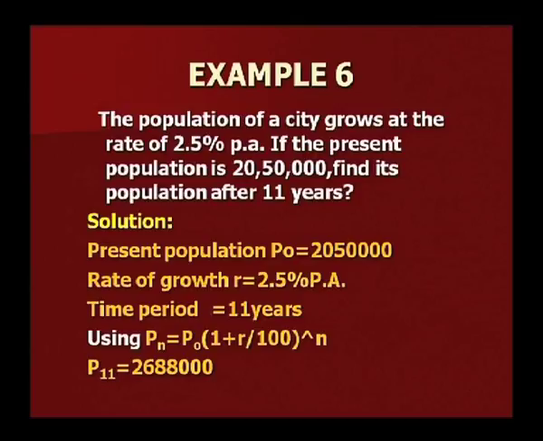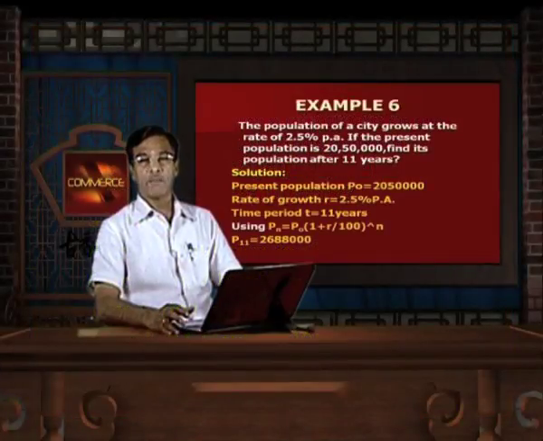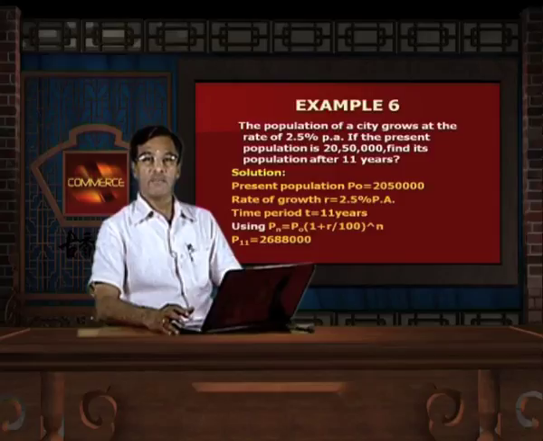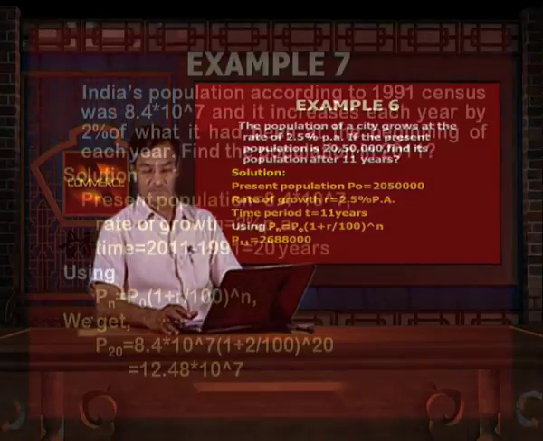Using the formula Pn is equal to P naught 1 plus R upon 100 to the power n, we find P11 is equal to 2688000. Here in this problem, we have calculated the population after 11 years, when the initial population is given and the rate of growth of population is 2.5. The calculation here is performed by taking log and again anti-log.